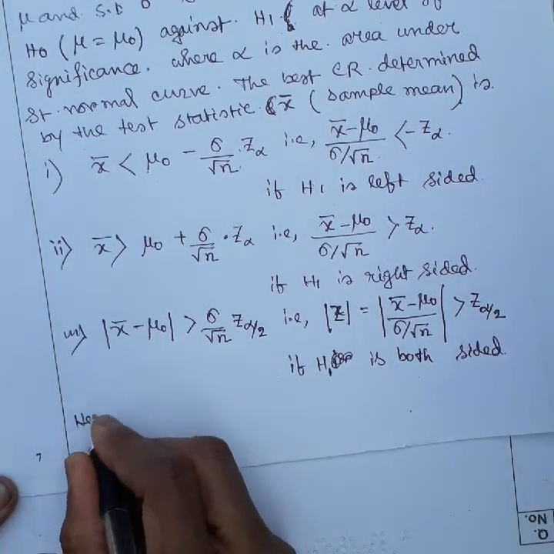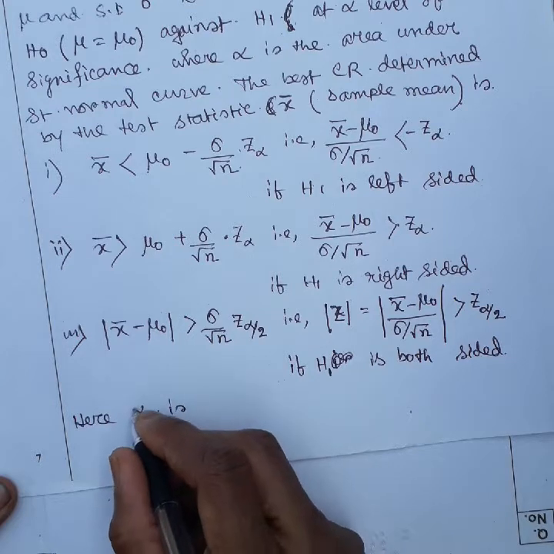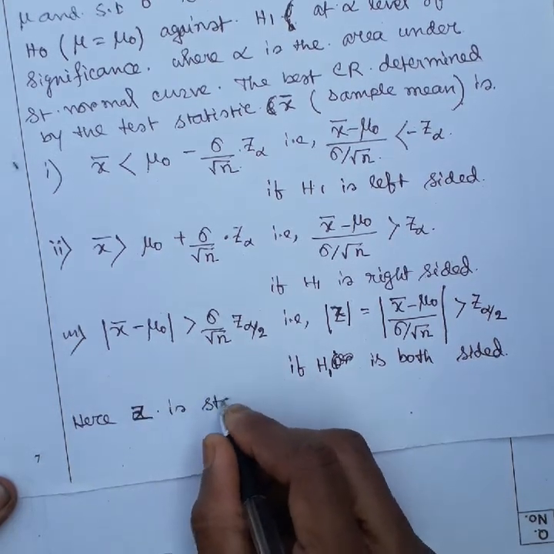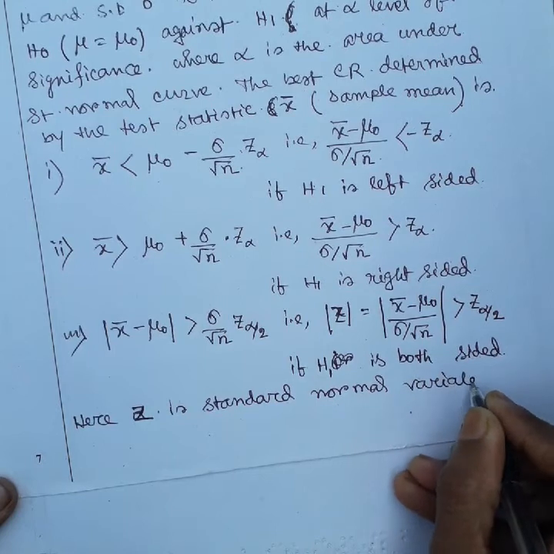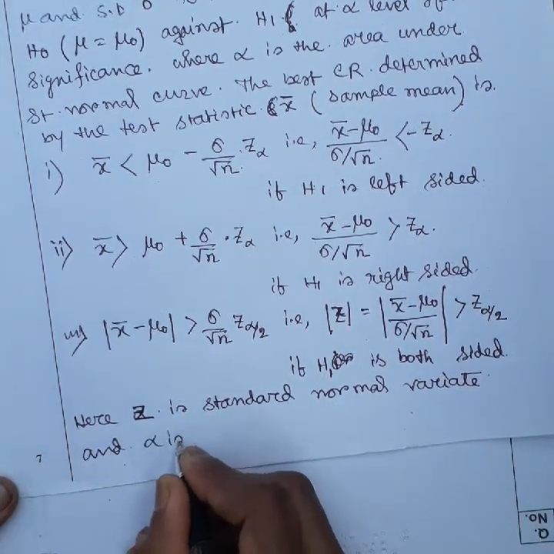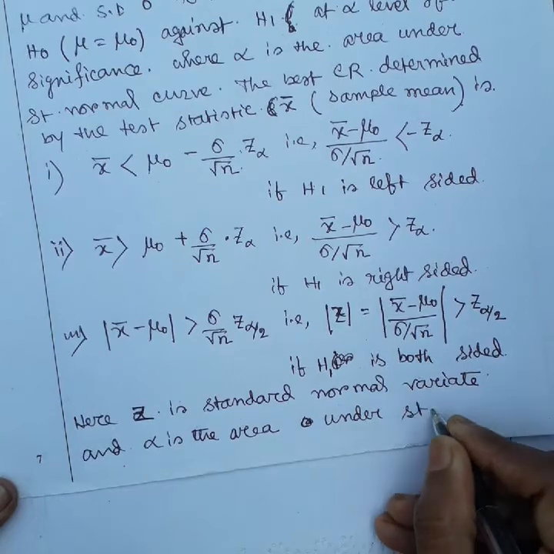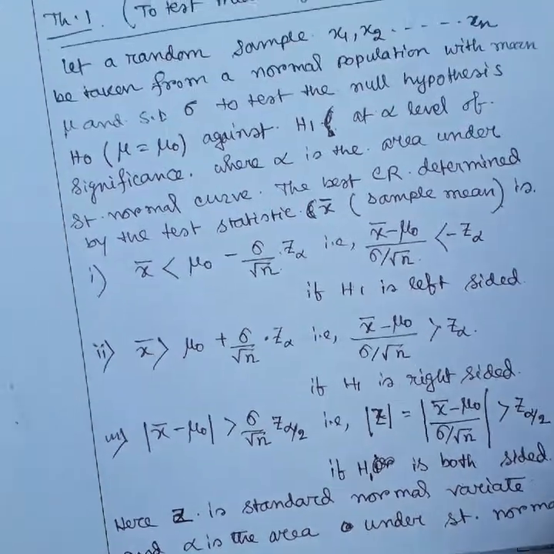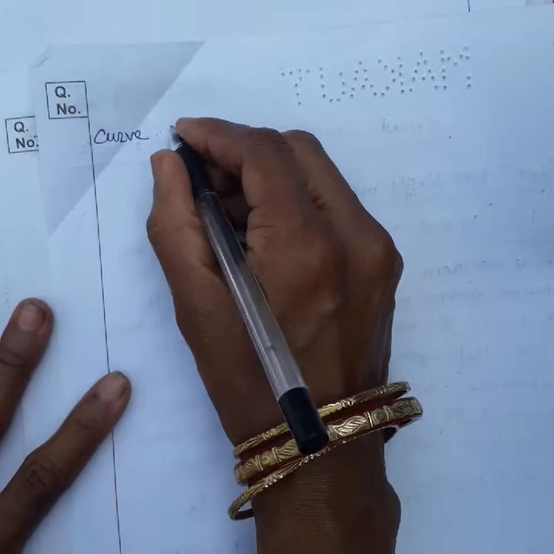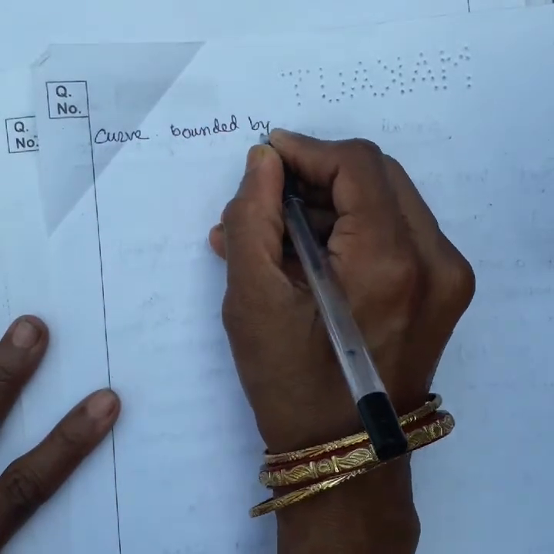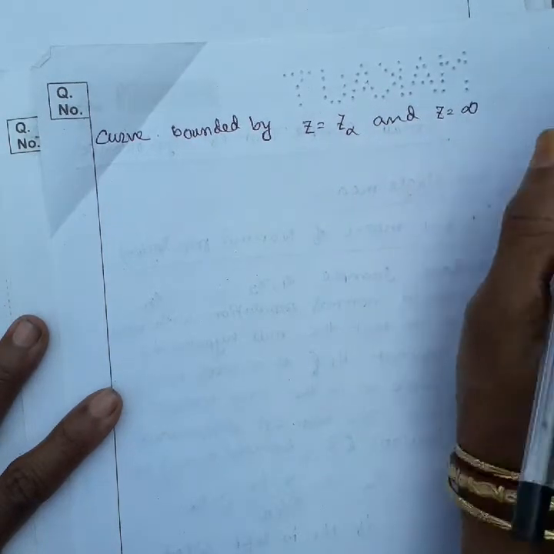And here Z is the standard normal variate, and alpha is the area under the standard normal curve bounded by Z equal to z alpha and Z equal to infinity.